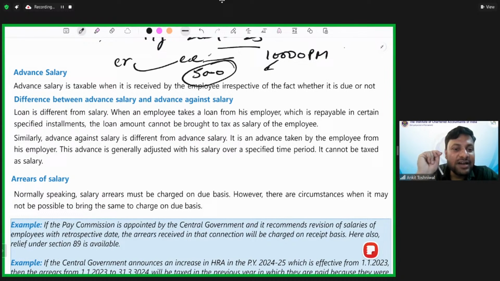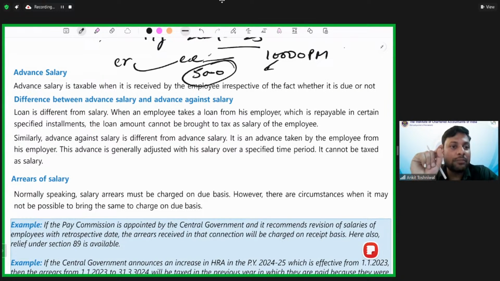Correct? Second thing is that there is advance against salary. You are not getting salary. You are just getting the advance, not the salary. Just like you are getting a loan against the salary. It will be treated like a deposit with your employer, and you are getting the loan from the employer, and that loan will be adjusted against the salary of the following month.